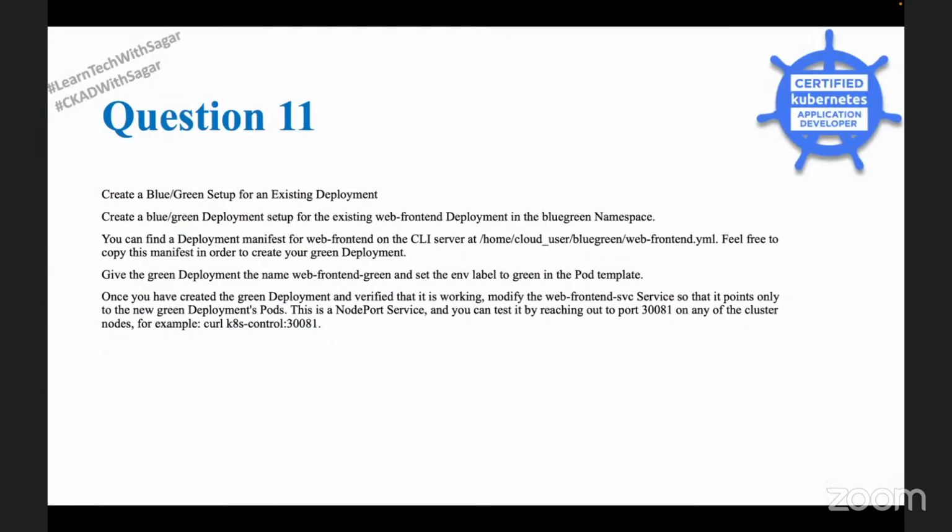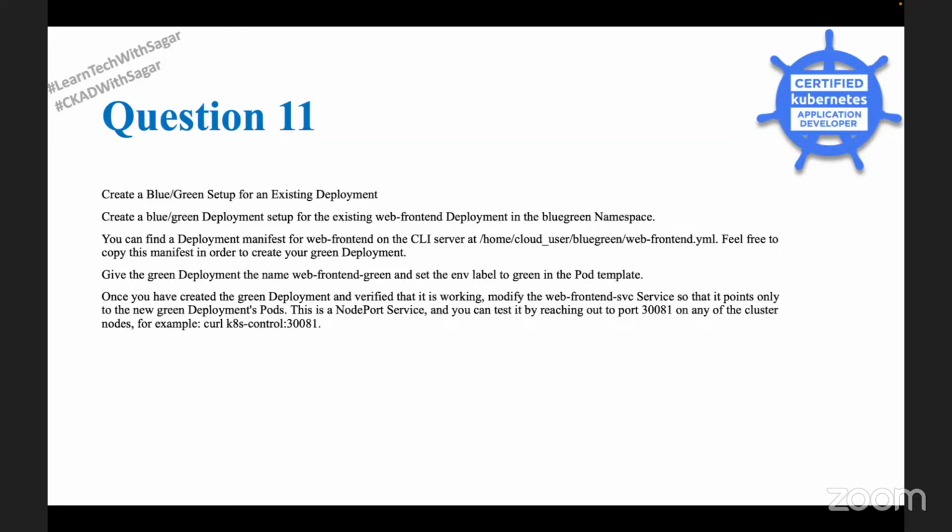So the question is: create a blue-green setup for an existing deployment. आपको एक deployment दिया जाएगा in a Kubernetes cluster, and you need to create a similar environment, blue-green setup बनाना है. So create a blue-green deployment setup for the existing web front-end deployment in the blue-green namespace.